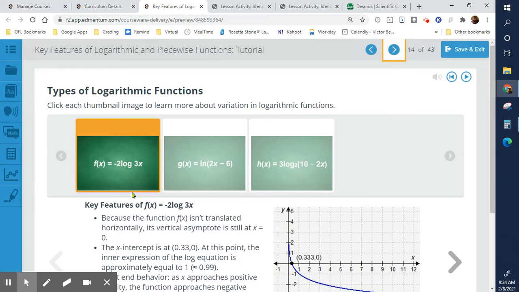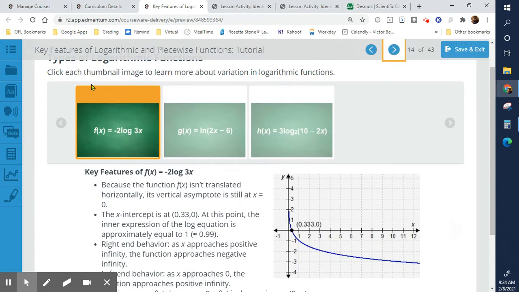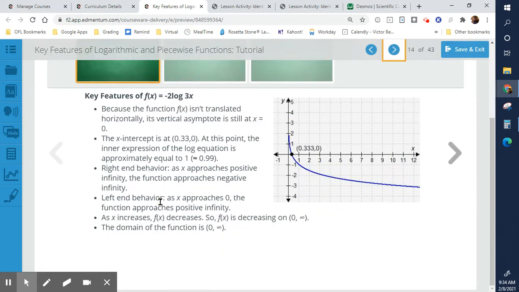All right, so here's the thing. If our a, the number in front of it, our coefficient, is a negative number, it flips on the x-axis. So this here shows us that changing the coefficient to negative flips on the x-axis.